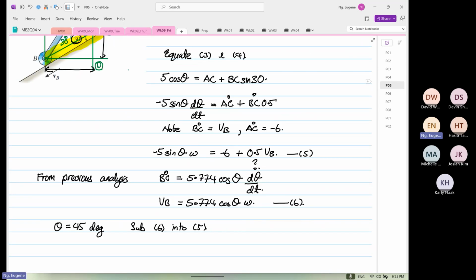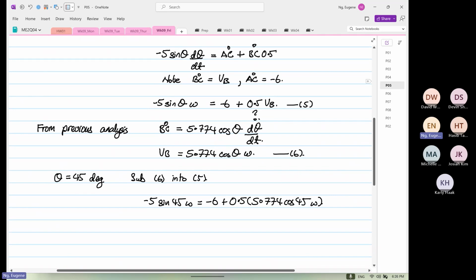So from here, we know that minus 5 sine 45 omega is equal to minus 6 plus 0.5 multiplied by 5.774 cos 45 multiplied by omega.